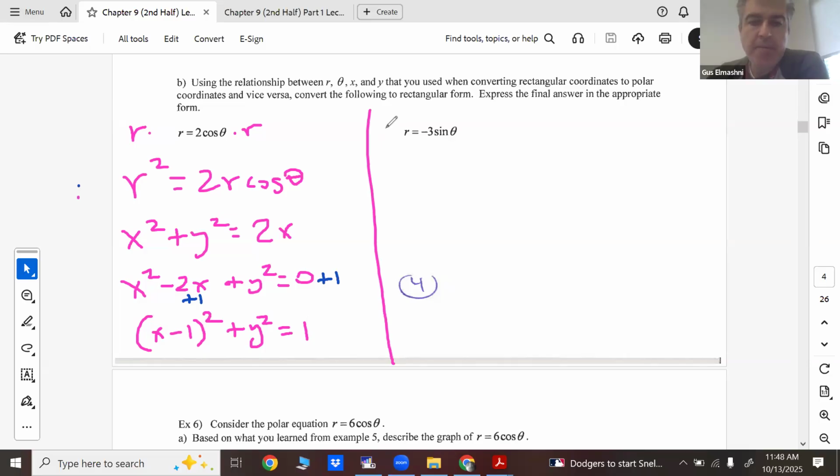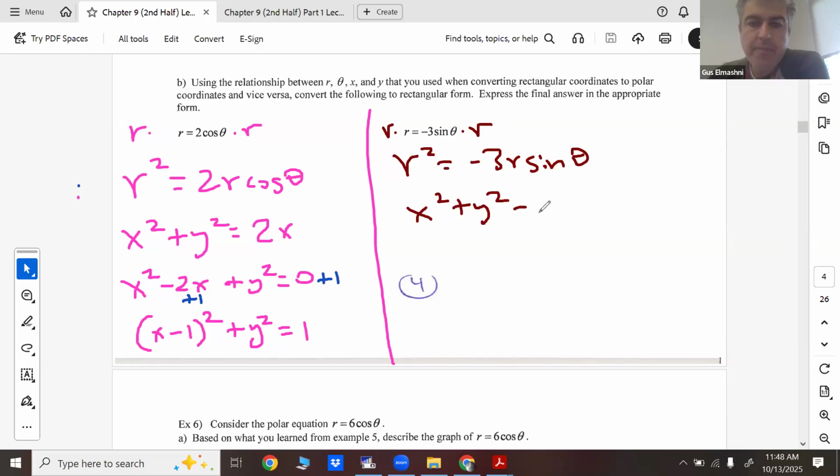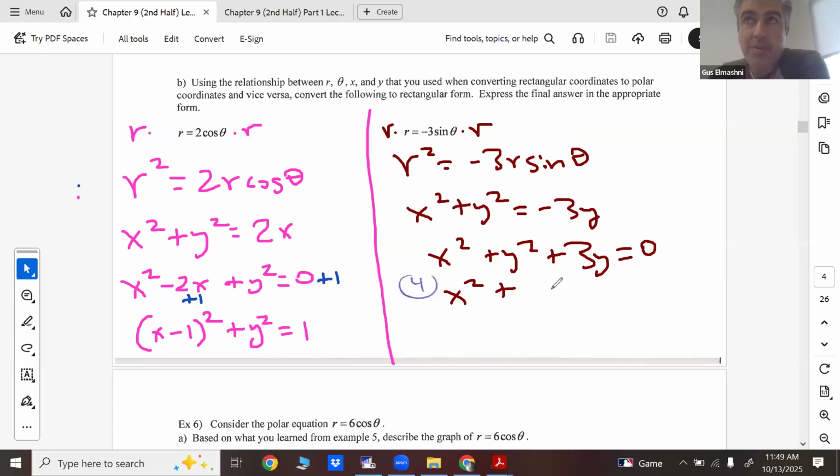So we do the same thing here. Multiply by r. r squared equals -3r sine theta. So then we could say x squared plus y squared. Ugh, please. Yeah, exactly.